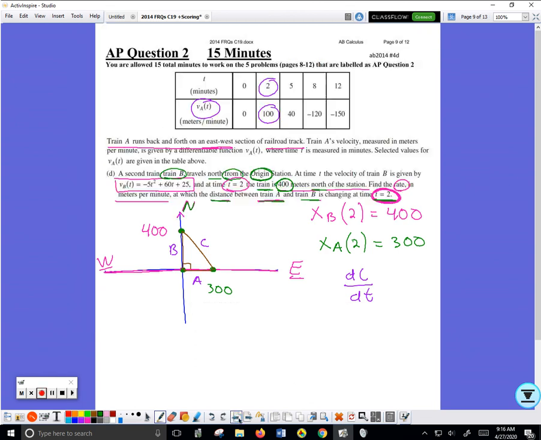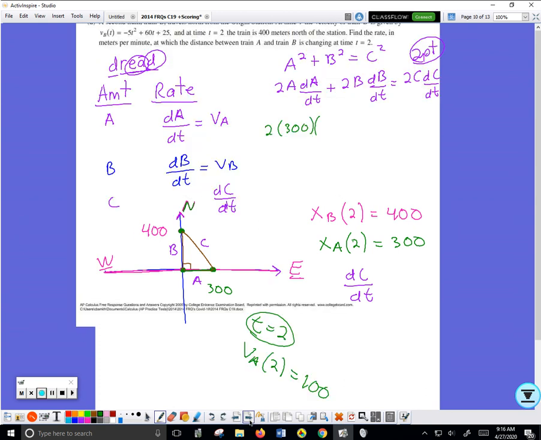Look back here. Time 2, the velocity of train A is 100. So write in 100 plus 2 times B, which was 400. Now I have to know dB/dt. Well, that's the velocity of train B at time equal 2.